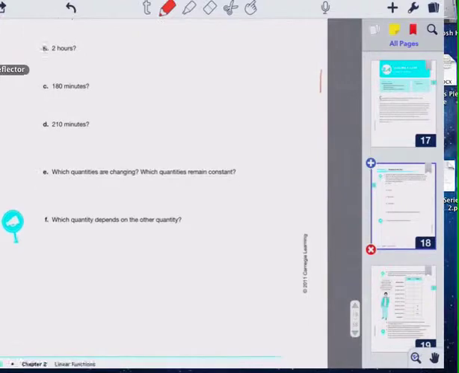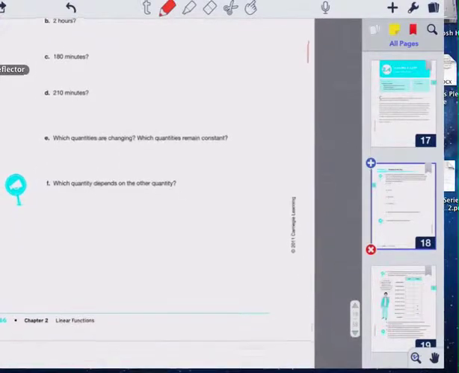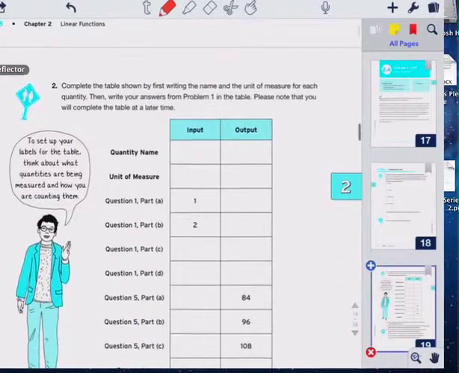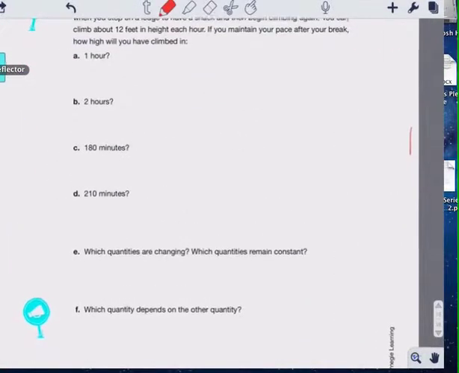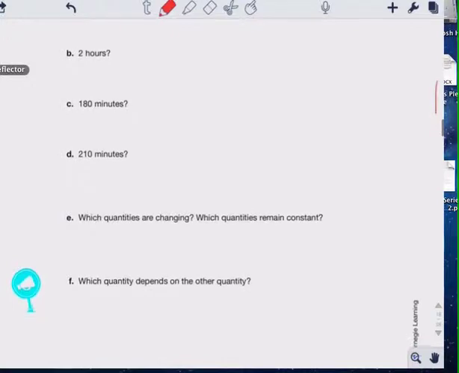I need you to finish all the way to F, and then we'll go over the table together. Okay, go ahead. If you guys can figure out D and E.